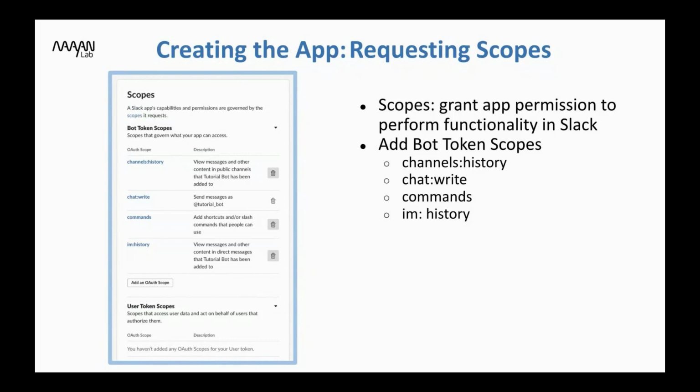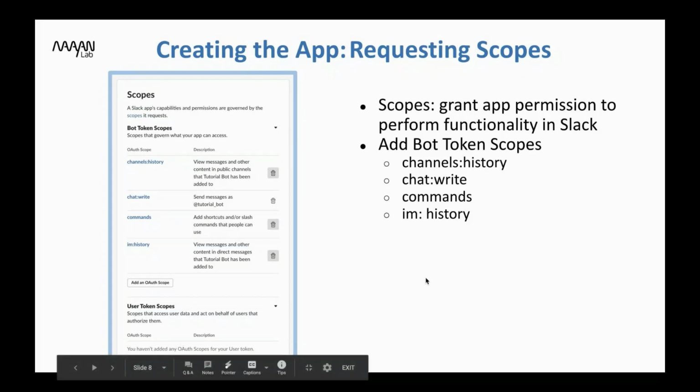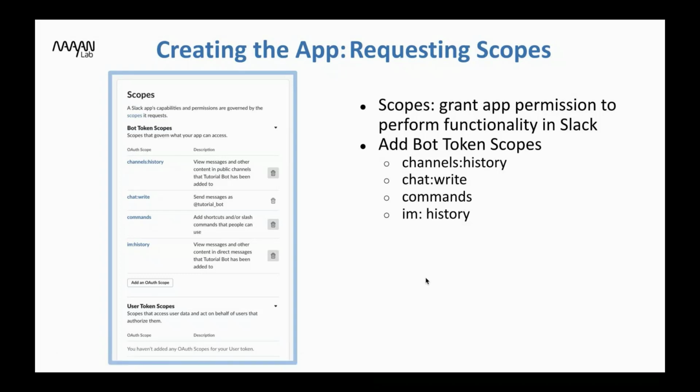And in most cases, you're going to want to add bot token scopes rather than user token scopes, which are over here, because the one time you might want to use user token scopes is when you want the app to act on behalf of a user. So let's say you had to do something like sign into a class every day for college or something. You could program your bot to post for you. But in our case, we just want the bot to act on its own.